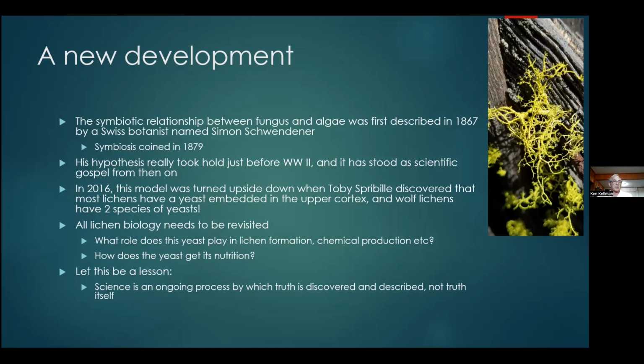Everything that everybody's thought about and investigated about lichens has to be revisited now. What role does this yeast play in lichen formation, in chemical production? How do these yeasts earn their living? Are they the glue that allows the fungus and the algae to create a lichen?